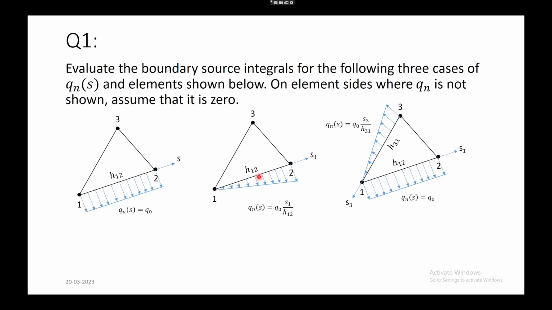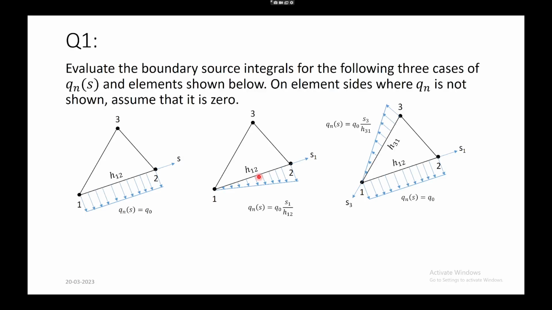You are aware of what a connectivity matrix is, right? The number of rows in the connectivity matrix, what will it correspond to among these 4 options? Number of elements. So option B, total number of elements. Yes, the answer is option B.